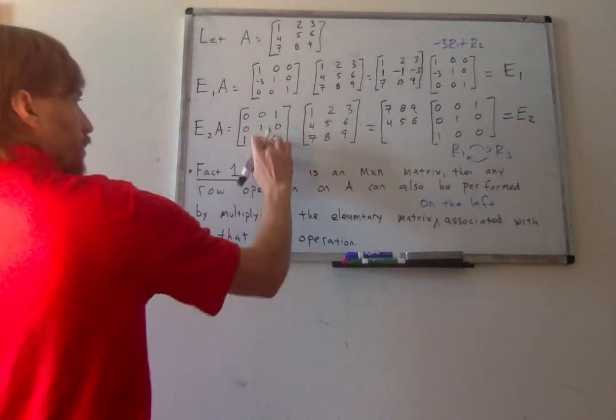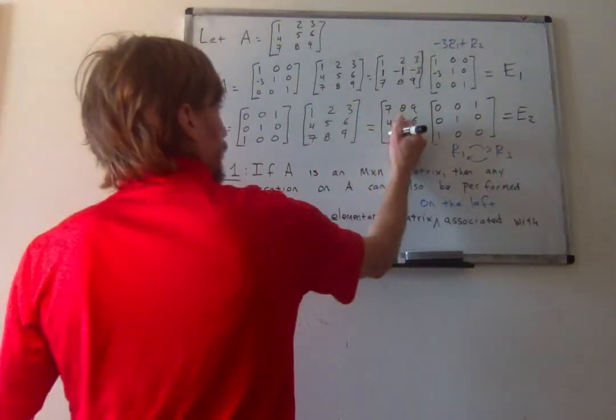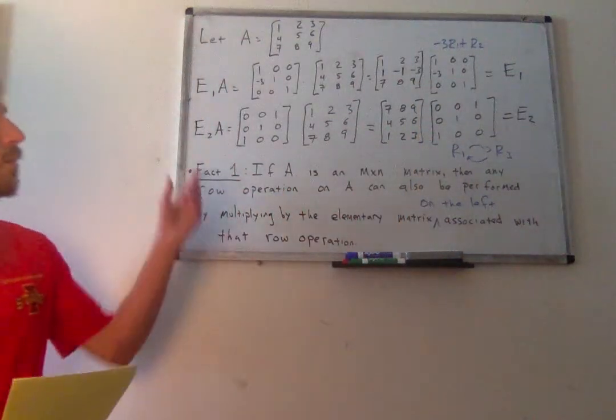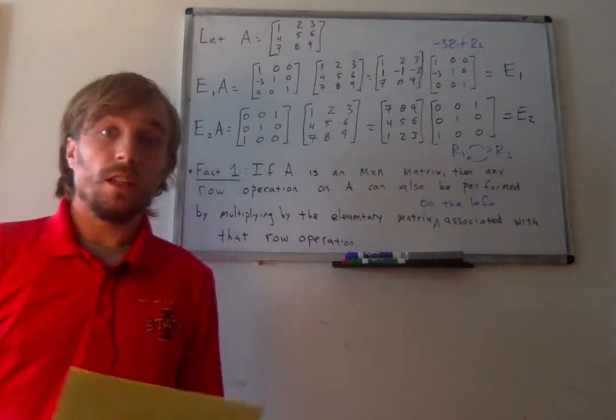And now the last row, that's going to match up with the first row of A. And sure enough, the elementary matrices work in the way we think they should.